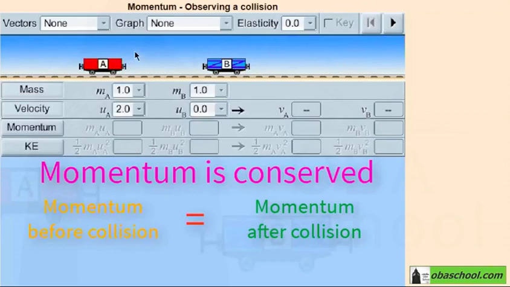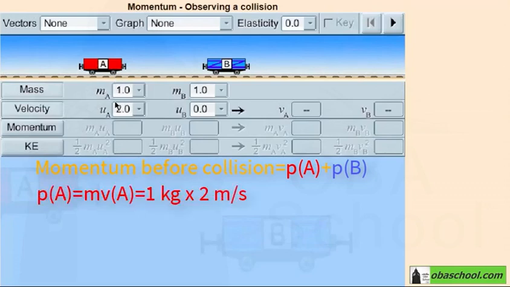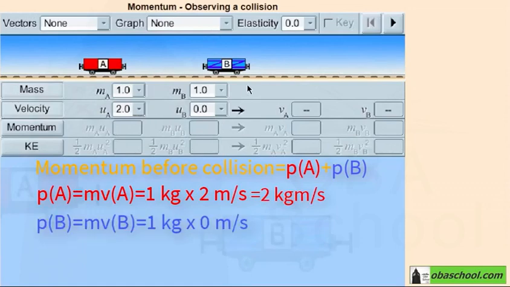Here, the momentum of the system before collision equals the momentum of truck A plus the momentum of truck B. The momentum of truck A equals the mass of truck A multiplied by the velocity of truck A. So 1 kilogram multiplied by 2 meters per second is 2 kilogram meters per second.